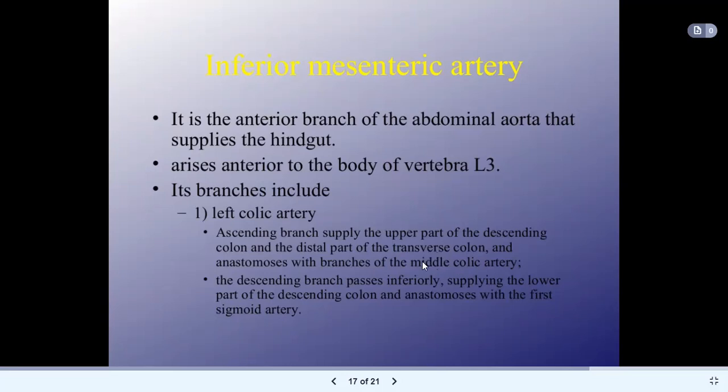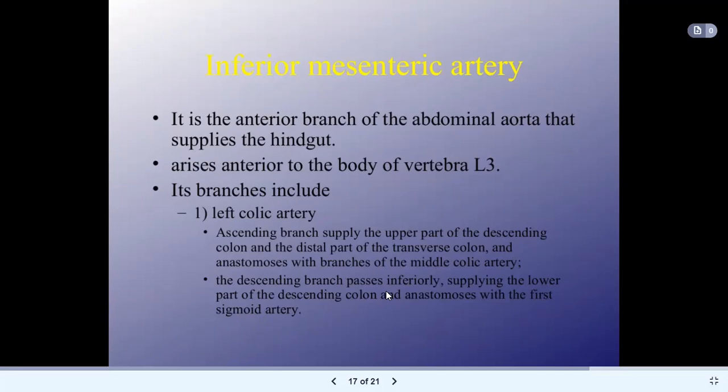Before its anastomosis with middle colic artery, it first gives branches that will supply the upper part of the descending colon and the distal part of the transverse colon. Before anastomosing with the sigmoid artery, it first gives branches that will supply the lower part of the descending colon.